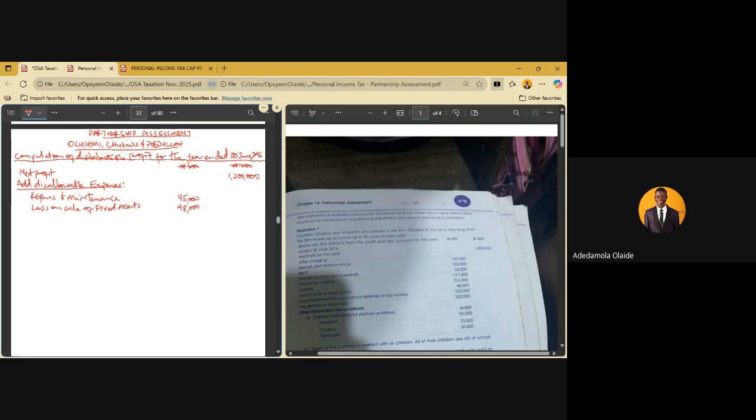Legal expenses for the successful defense of a tax matter is disallowable, because any legal expense for a tax appeal is not allowable. $105. Then miscellaneous expenses, we filtered all of that. So I think that's what we have. And on the income side, they did not really give us anything on income, so we'll assume all of it is taxable.